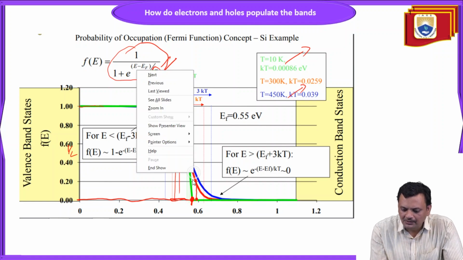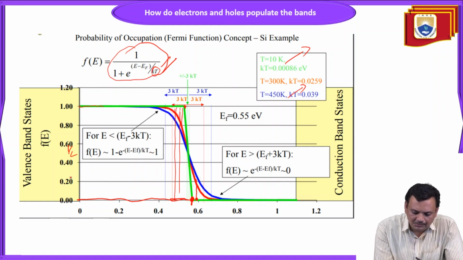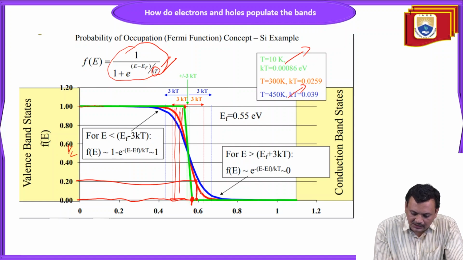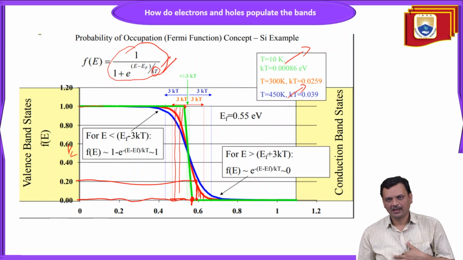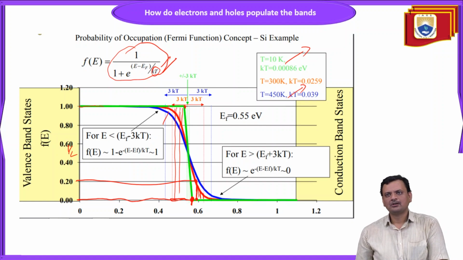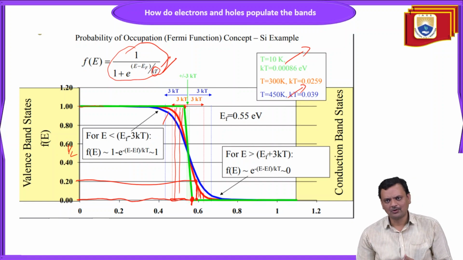For the case of T equal to 300 Kelvin, there is some probability value. Means there is some chance that these energy levels will be occupied. Same thing you can discuss for T equal to 450 Kelvin, means this chance will increase more.